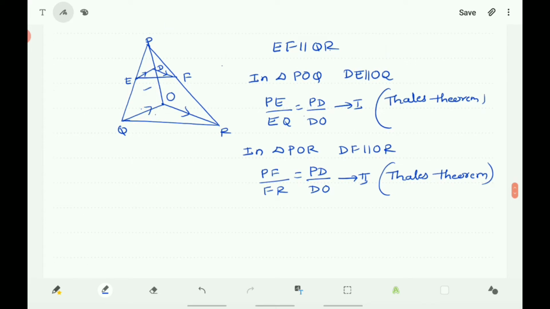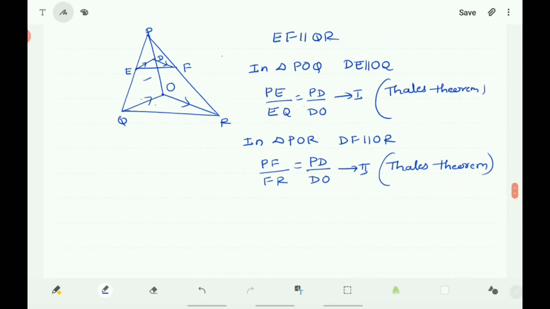Now you can equate both equations, because the RHS of both are equal to PD by DO. Therefore the LHS must be equal. Therefore from first and second you write PE by EQ is equal to PF by FR.